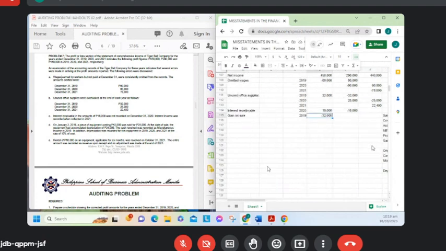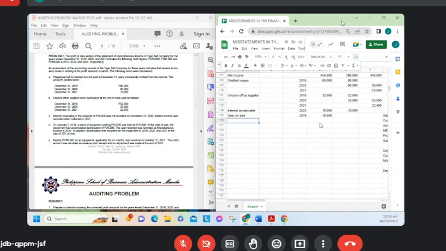Oops, mali. So there's an overstatement of 18,000 pesos pertaining to this sale of this piece of equipment.